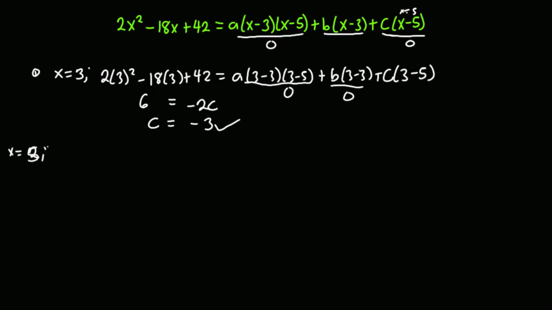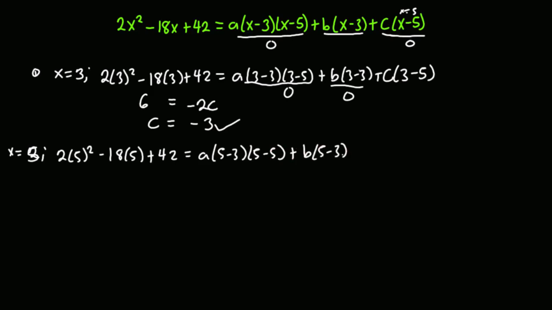If x is equal to 5, we get 2 into bracket 5 squared minus 18 into bracket 5 plus 42, equal to a times (5 - 3)(5 - 5) plus b(5 - 3) plus c(5 - 5).